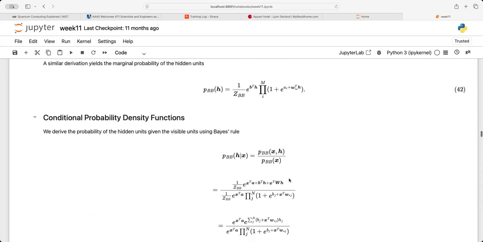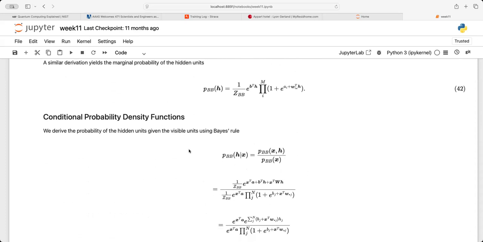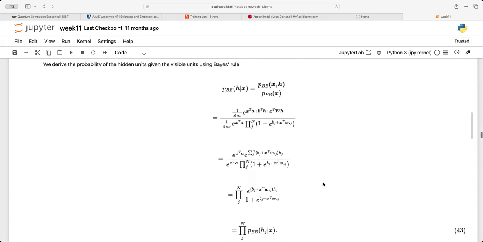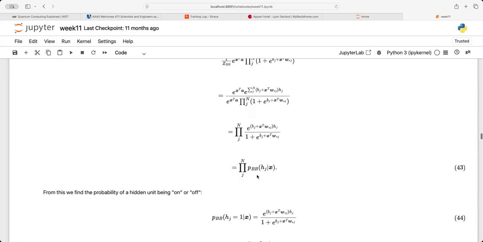We will also need quantities like the conditional probabilities. So this is just the total probability divided by this one. And you can actually show that these take simpler expressions like these. And then we find the probability of a hidden unit being on or off. Because when we are setting up the training, we need to find whether it's on, given a value for x.